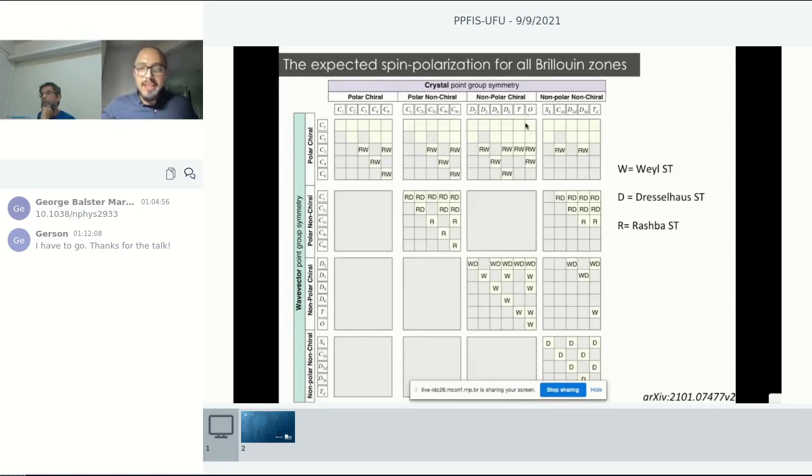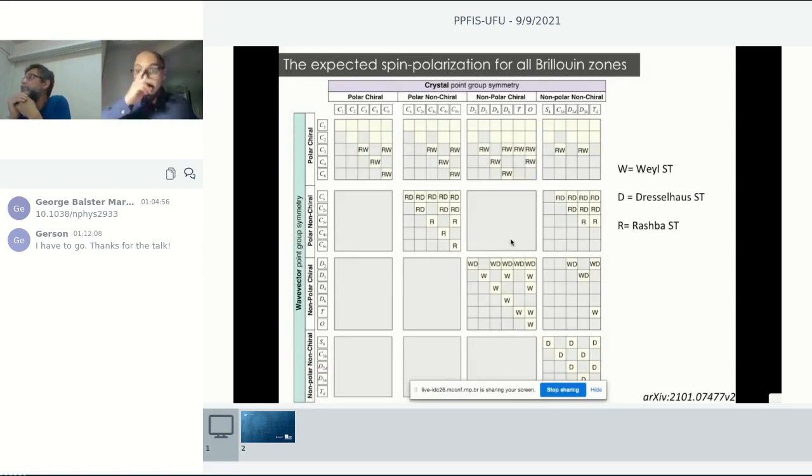Non-polar chiral compounds can have Rashba and Weyl, but they cannot have pure Rashba spin polarization. As you can see, there is no K point in non-polar chiral compounds that is polar non-chiral, okay? And this gives us a complete list.